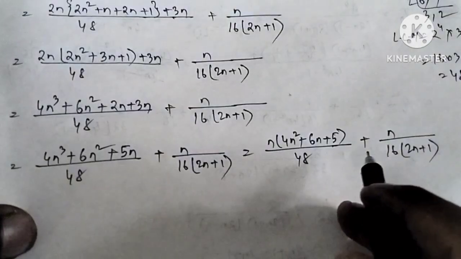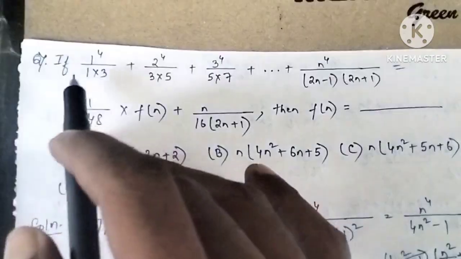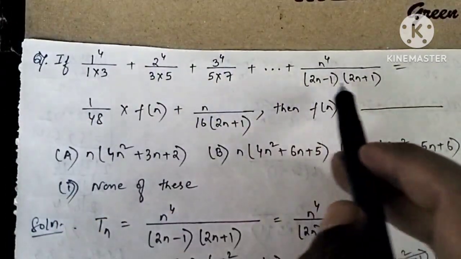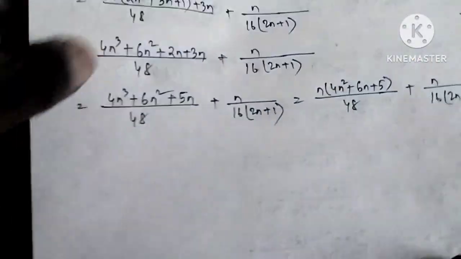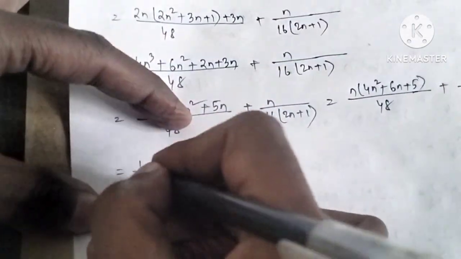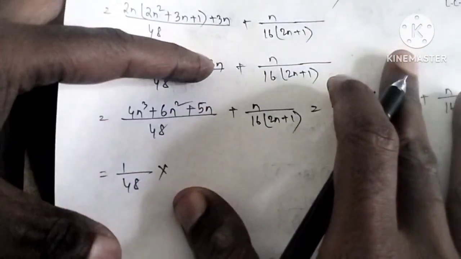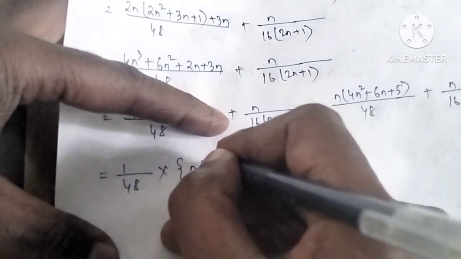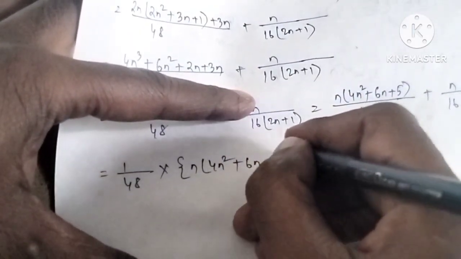Now comparing this with Sn, this is the Sn, sum of n terms, 1 by 48 into Fn. So if we compare, 1 by 48 into n into 4n square plus 6n plus 5.